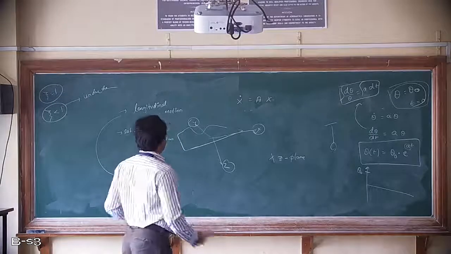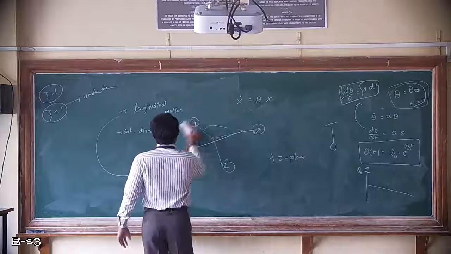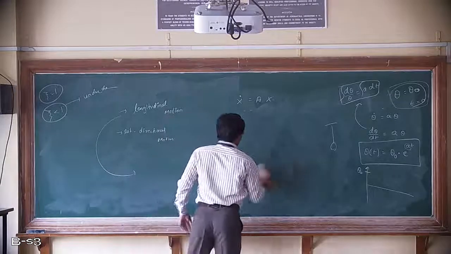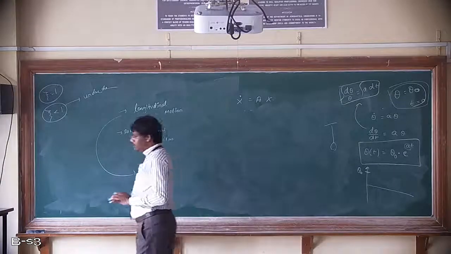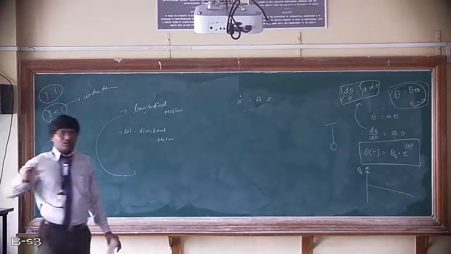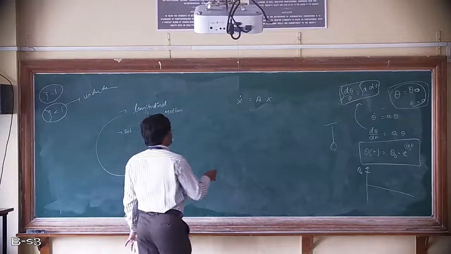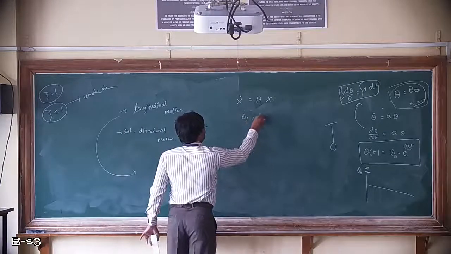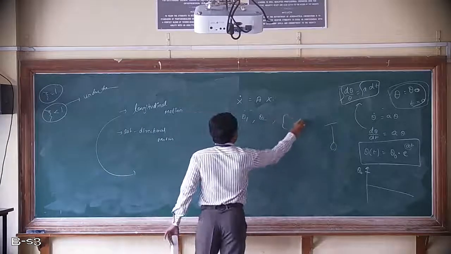Just see here. In the case of the simple pendulum, you get theta 1, theta 2, and the system matrix is 2 by 2.